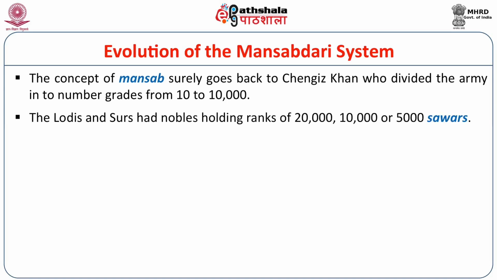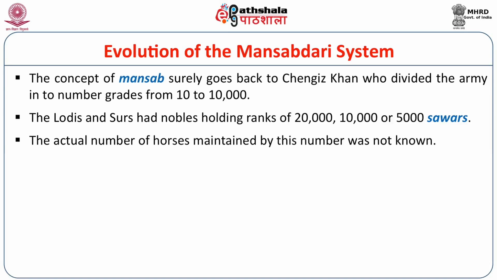The Lodhis and the Surs had nobles holding ranks of 20,000, 10,000 and 5,000 Sawars. The actual number of horses maintained by this number was not known. So a 5,000 Sawar necessarily would not have maintained 5,000 horses or 5,000 cavalrymen. This was again a notional term that was used.